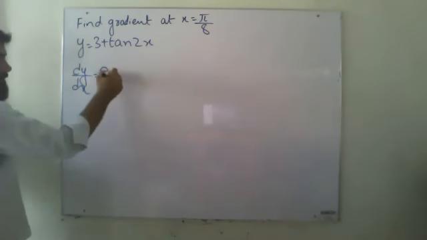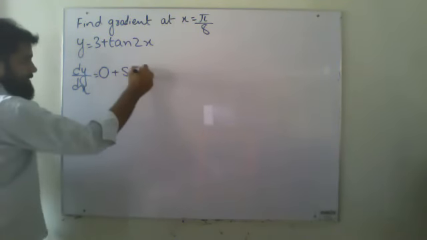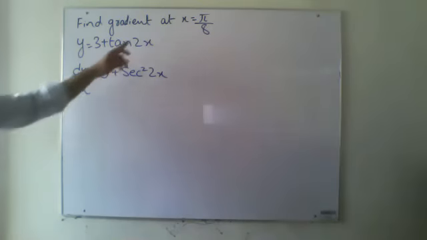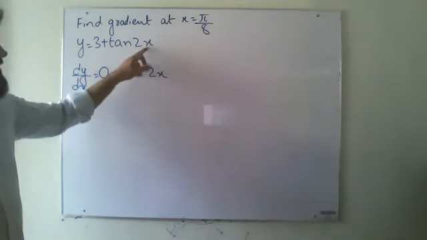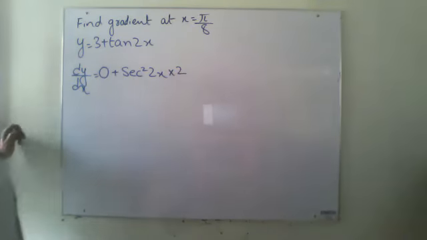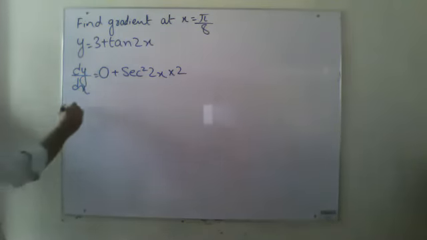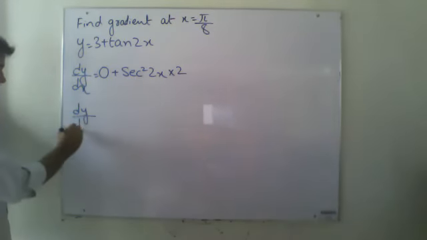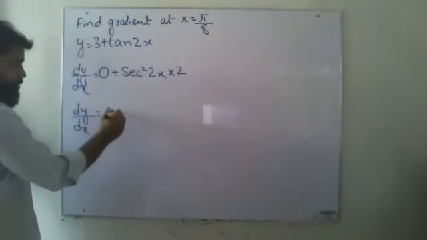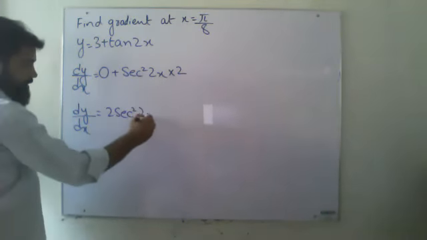Tan 2x will become sec square 2x. Differentiation of tan is sec square, the angle is written as it is. Differentiation of this angle will be 2. Okay. So dy over dx equals 2 sec square 2x.